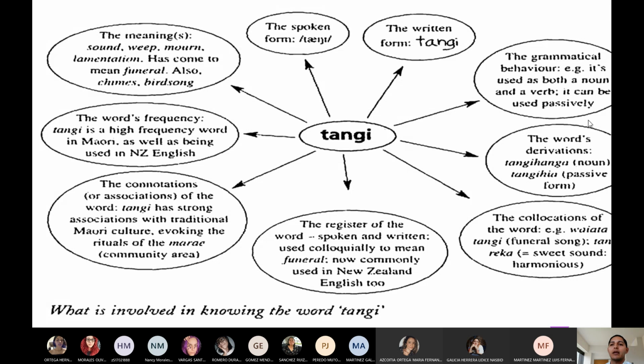And you can see that all these elements make up what knowing a word really is.